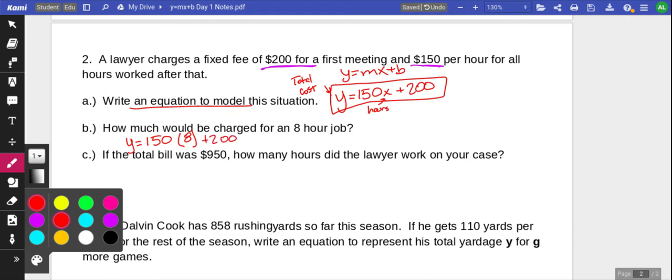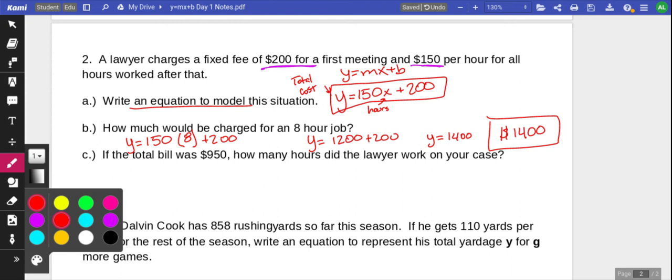I know that 150 times 8 is 1,200. I should have been able to do that one in my head. That's 1,200 plus 200, which simplifies to 1,400. I'm going to put that in dollars for my final answer. That's why legal fees are expensive. $1,400 for 8 hours.